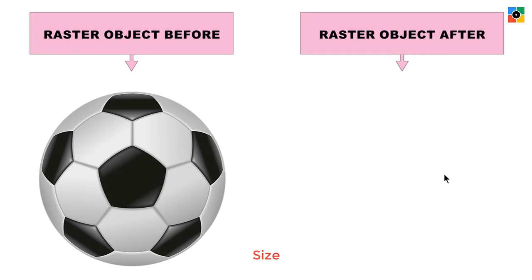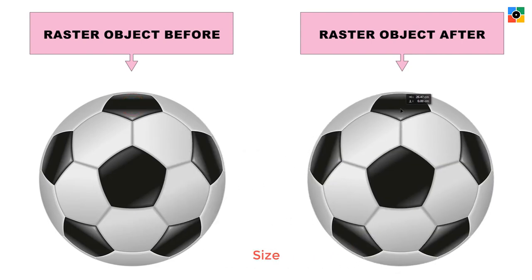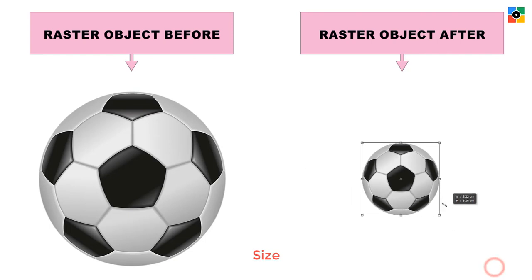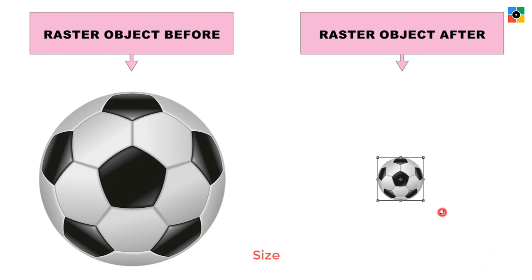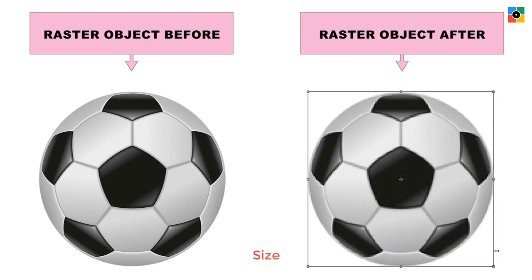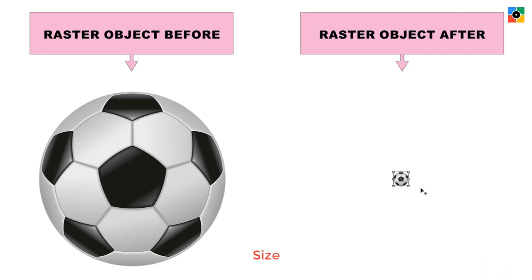Now, let's change the size of this raster object in Photoshop. I make a duplicate object of this raster object and make it smaller in size. Then I increase it, reduce it, and increase the size again.